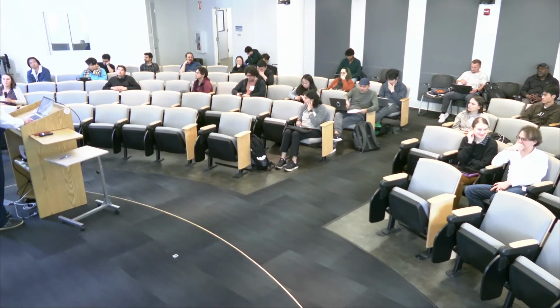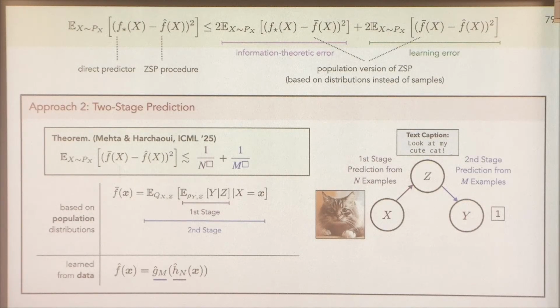Right. So originally we wanted to go all the way, like we have a bound that has the information theoretic error, the learning error, but also the optimization error, right? In relation to federated learning and so on.